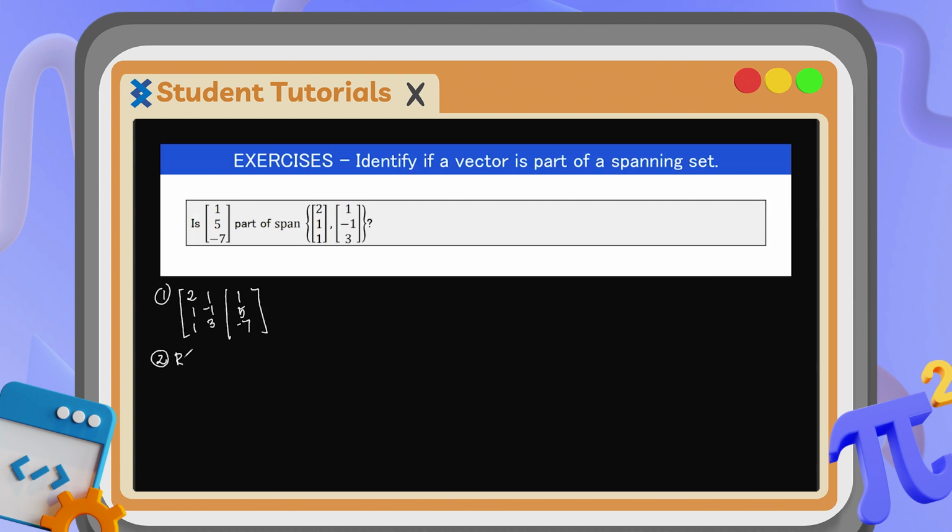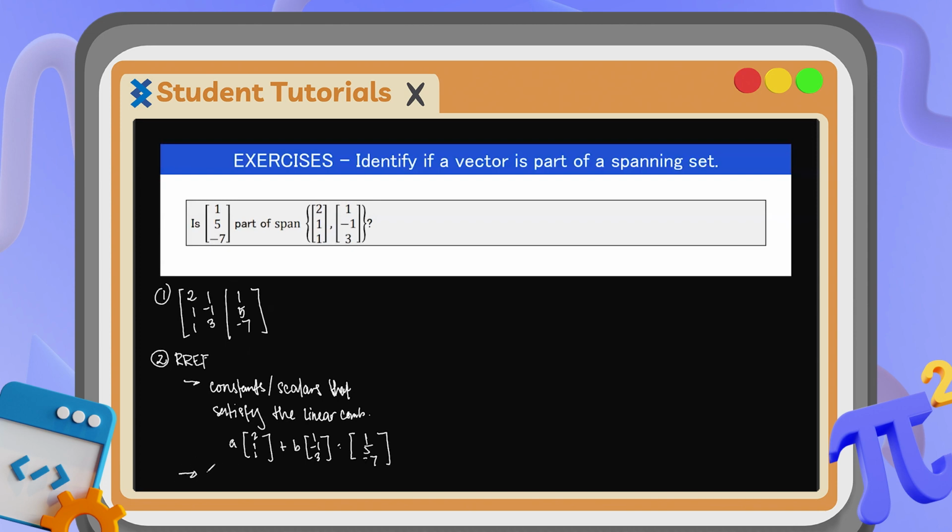Then, we take the RREF form of this augmented matrix. By taking the RREF form, what we are looking for are the constants, or the scalars, that satisfy the linear combination wherein we find the constants that, when you multiply one to 2, 1, 1 and another to -1, 1, 3, get you to 1, 5, -7.